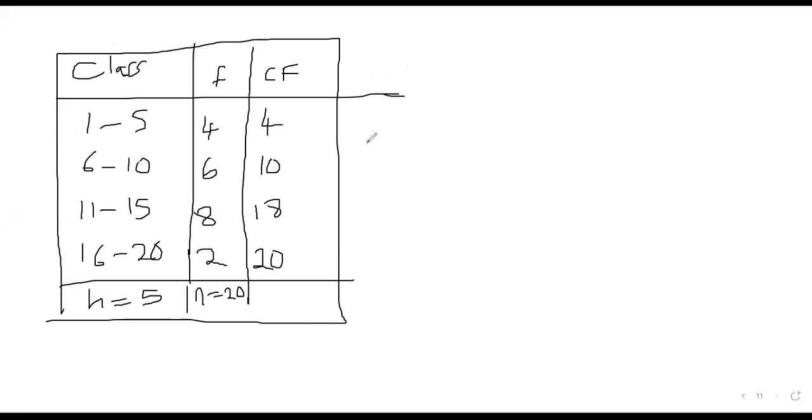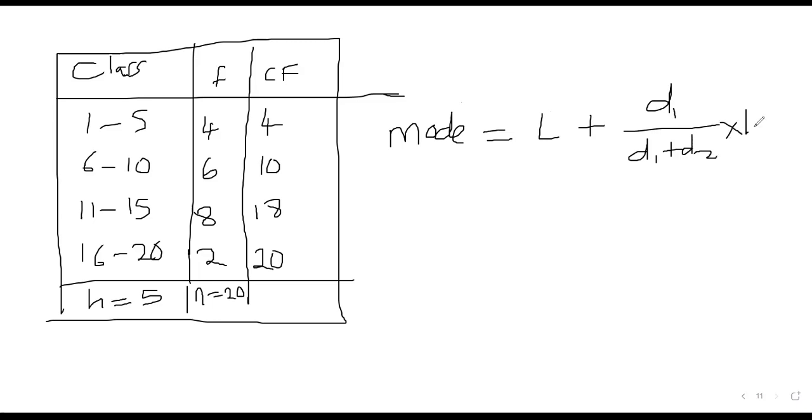All right. You could also calculate two things from this information. Your mode. Mode stands for the what? The most frequent. I'll start with the basic formula: D1 over D1 plus D2. So you identify the highest number in the frequency. Our highest number is what? 8.